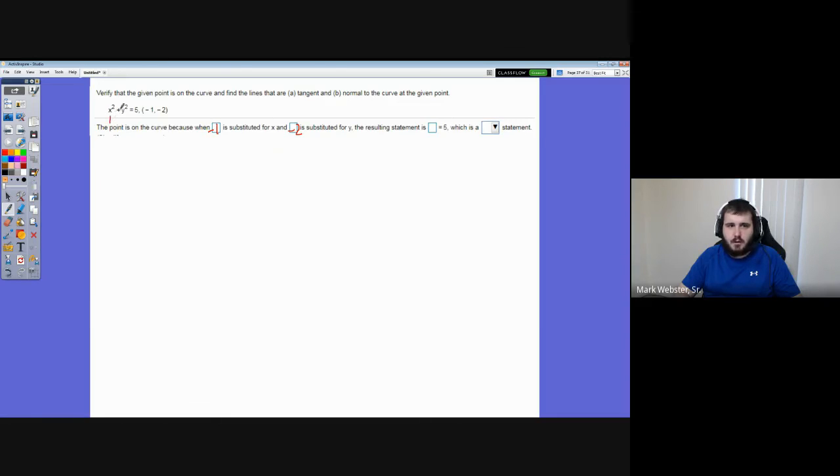That's 1. What's -2 squared? That's 4. 1 plus 4 equals 5. 5 equals 5, which is a true statement, right? That's how we know that this point is on this curve.